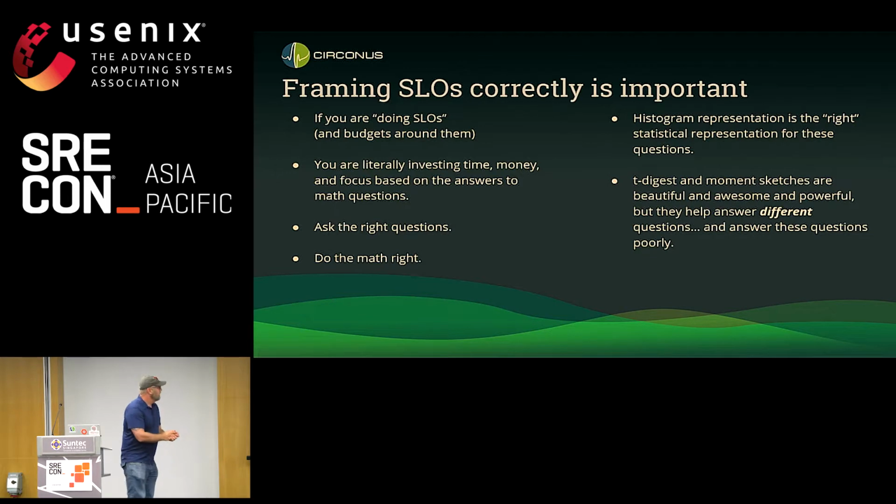So framing SLOs correctly is important, right? If you are actually doing SLIs and SLOs in your organization, you are directing your team to behave in certain ways, whether you hit those SLOs or not. If you're not hitting your SLOs, you're probably going to ramp back on innovation and ramp up on reliability investment.